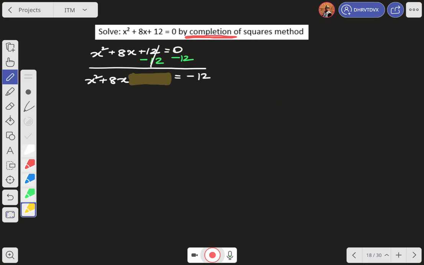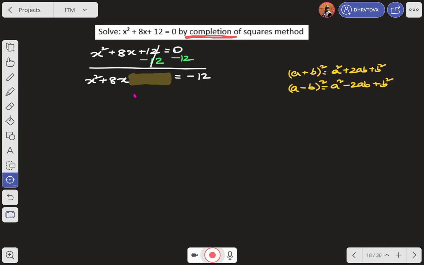Well, we are going to use one of two identities. One is a plus b whole square, which is a square plus 2ab plus b square, and the other one is a minus b whole square, which is almost similar to the previous one: a square minus 2ab plus b square. We are going to use one of them. Now we have to see which one is closest to x square plus 8x.